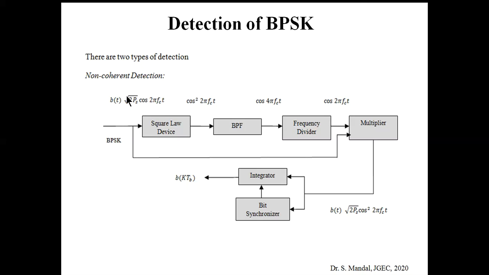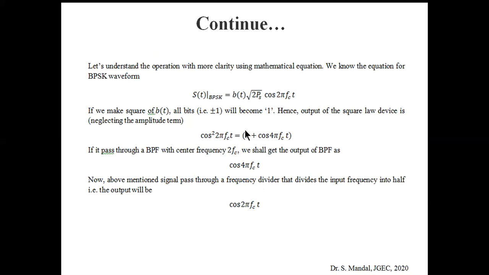Now if you neglect the amplitude term of this signal, that is 2 PS, we can write the output of the square law device as cos square 2 pi fc. Now it has two terms, and it can be expressed like 1 plus cos 4 pi fct.